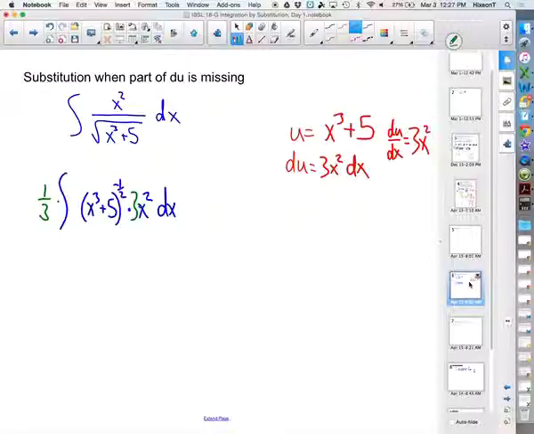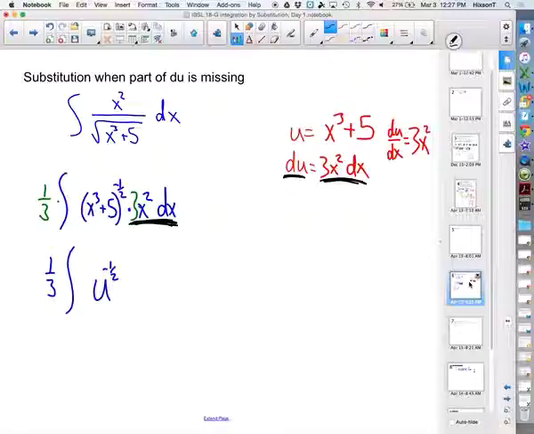And notice here, now du is the 3x squared dx. So here's the u substitution. I've got the 1/3 here, integral. This inside the parentheses is u, so it's u to the negative 1/2.